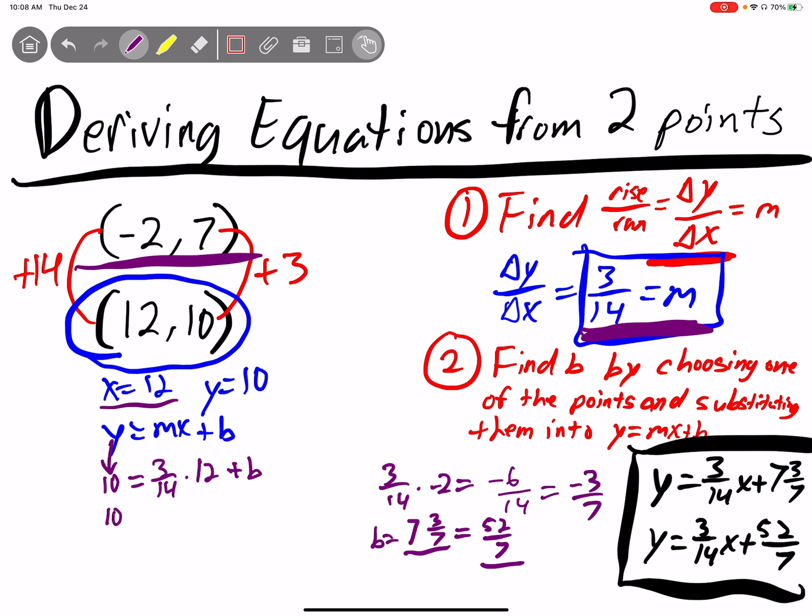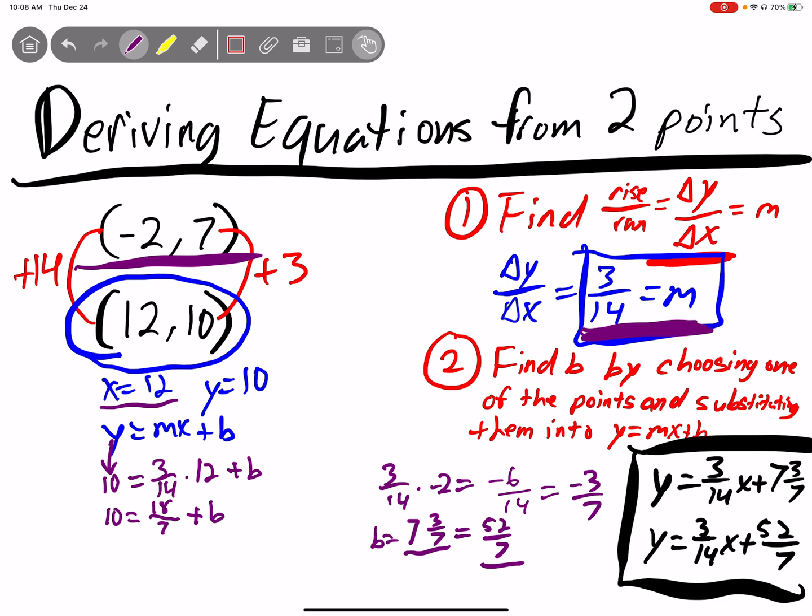I get 10 equals 3 times 12 is 36, 36 over 14. I'm going to reduce that. 36 and 14 are both divisible by 2. 36 divided by 2 is 18. 14 divided by 2 is 7, plus b.